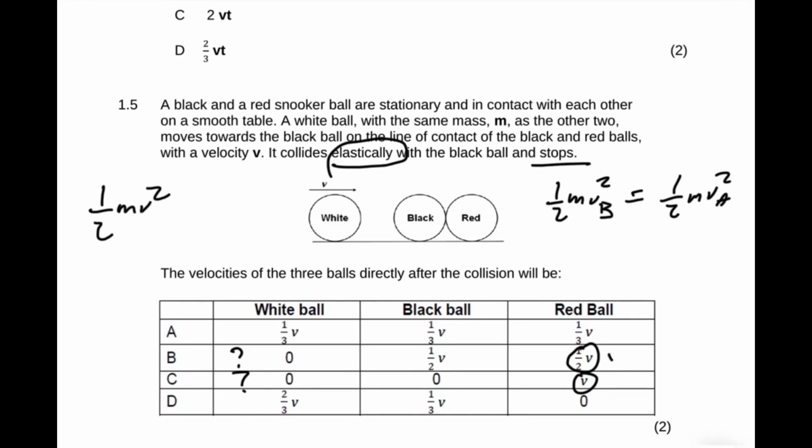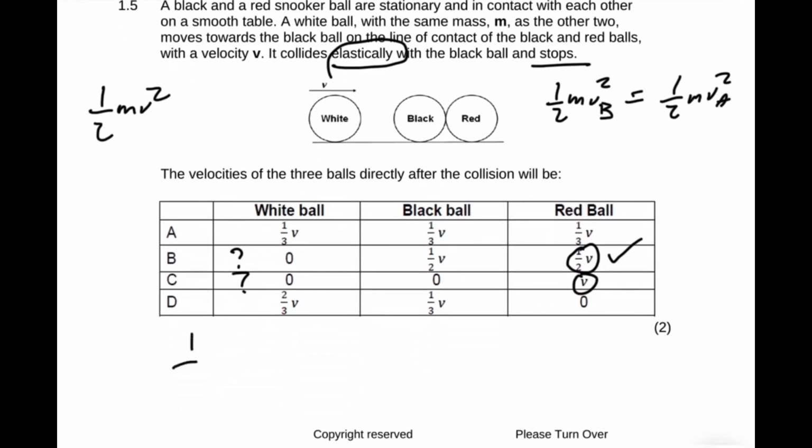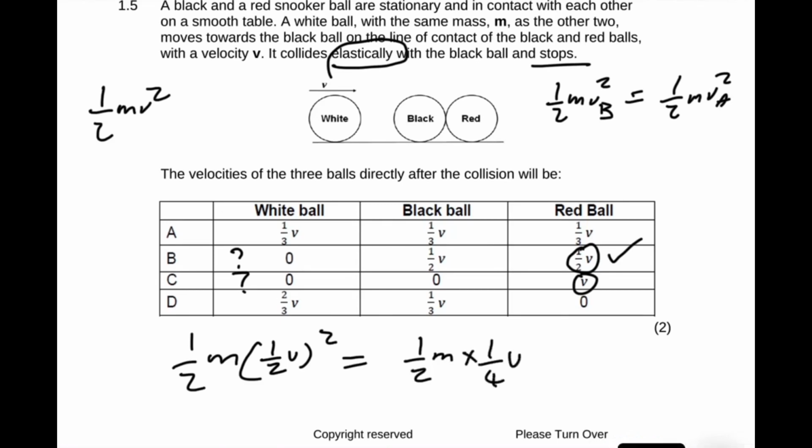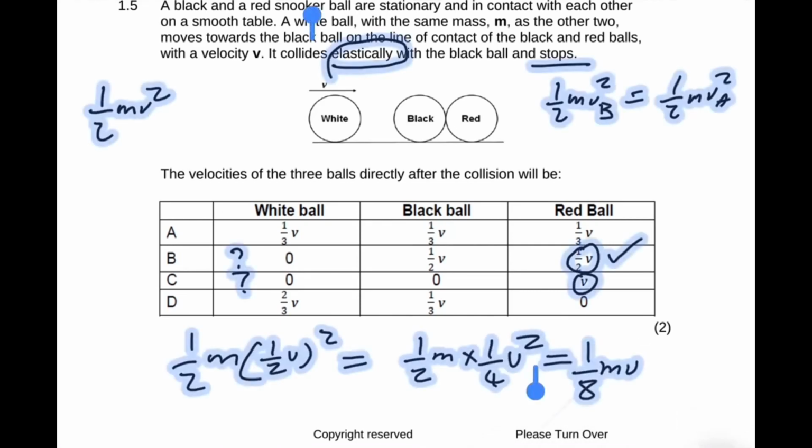If we take this value here of 1 over 2 v, we're going to have, let me write it here, 1 over 2 the mass, and then in place of v we have 1 over 2 v squared, and this will give us 1 over 2 m multiplied by 1 divided by 4 v squared, which will be equal to 1 divided by 8 mv squared.